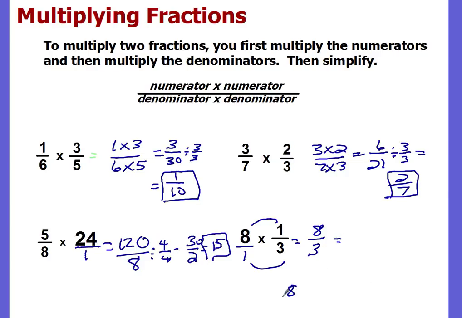So do your division. 8 divided by 3. 3 goes into 8 2 whole times, which is 6, and we have a remainder of 2. So it's going to be 2 wholes and 2/3. It's not too difficult. I think the hardest part is going to be simplifying your fractions and maybe possibly changing improper fractions back to mixed numbers.